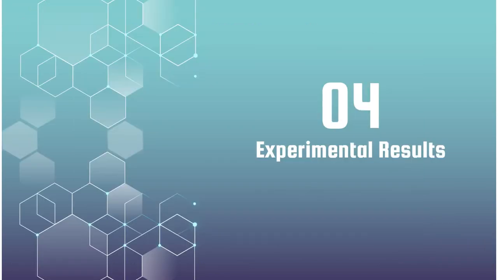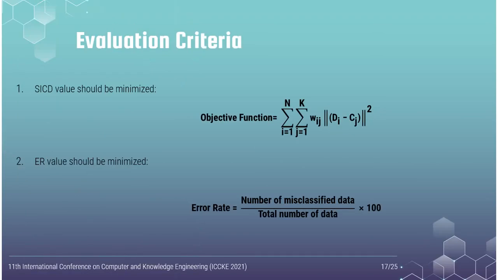Now I want to talk about the experimental results, where we compare our proposed method against other algorithms and techniques. First of all, I should mention that we evaluate the performance of the proposed method according to two criteria.